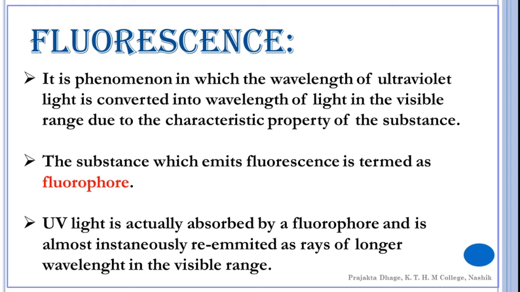Ultraviolet light is actually absorbed by the fluorophore and is almost instantaneously re-emitted as rays of longer wavelength in the visible range. The change in wavelength from ultraviolet to the visible range is termed as Stokes effect.